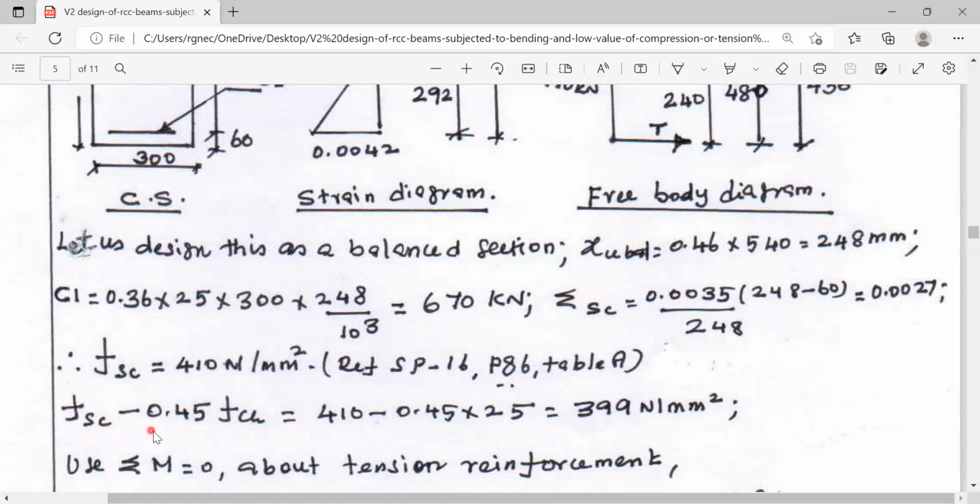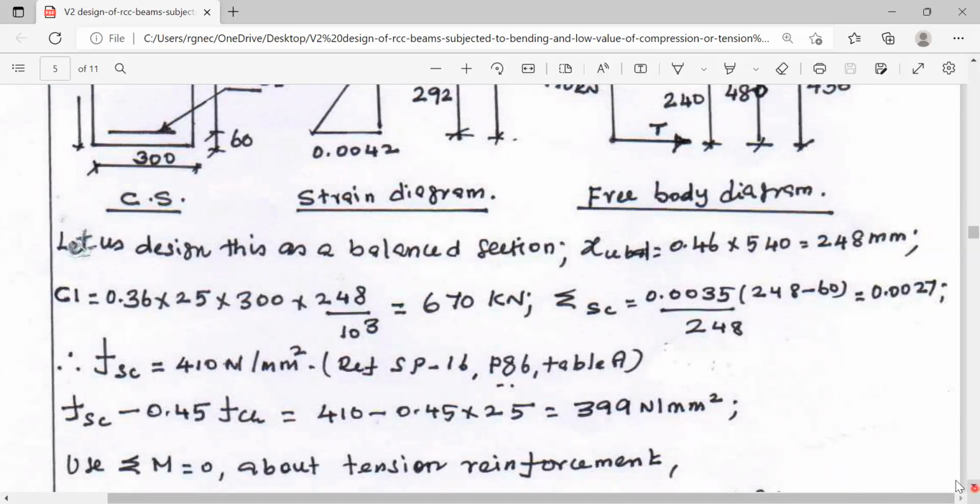Therefore, we deduct the stress in concrete, which is the extreme fiber stress of 0.45 fck, from the compressive stress of compression reinforcement. That comes to 410 minus 0.45 into 25, which is 399 N/mm square. This is the net stress in the compression reinforcement.